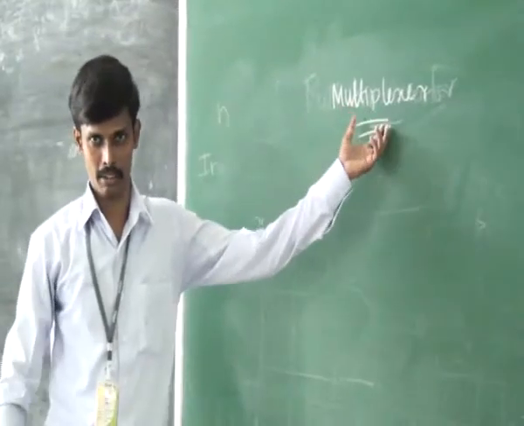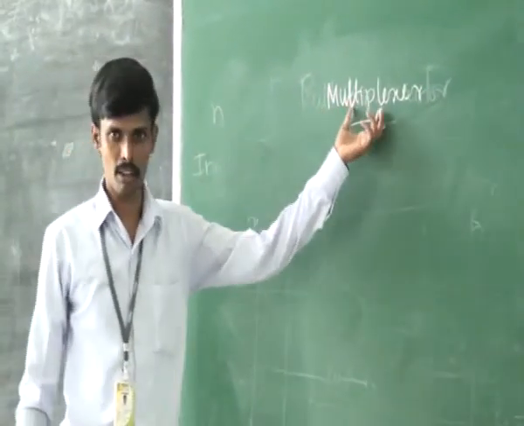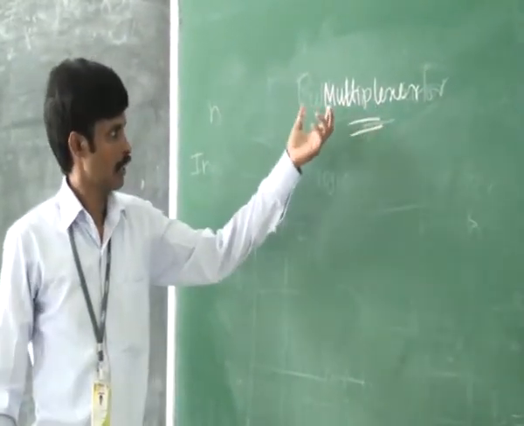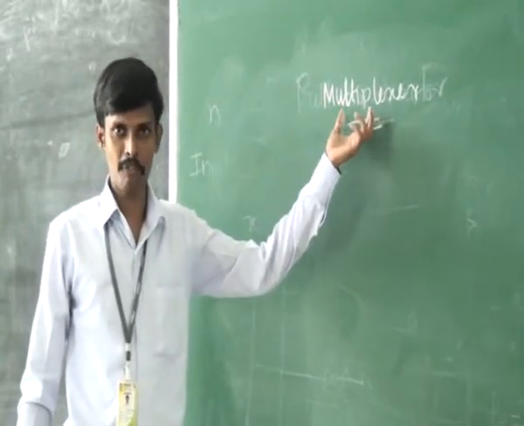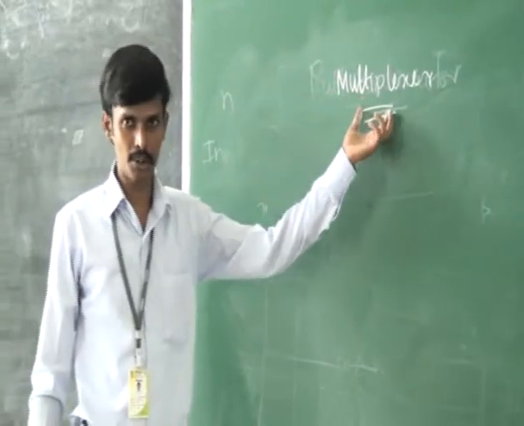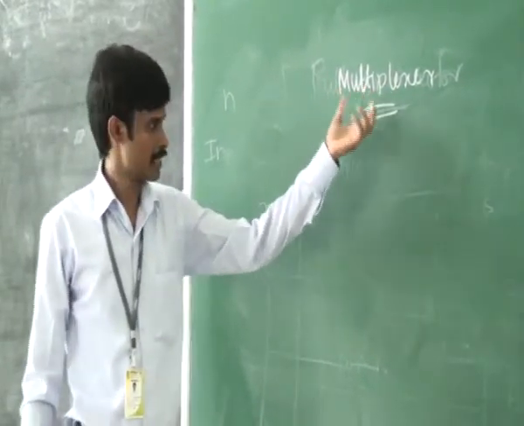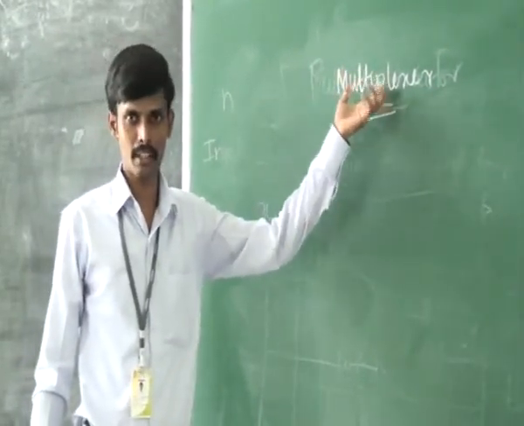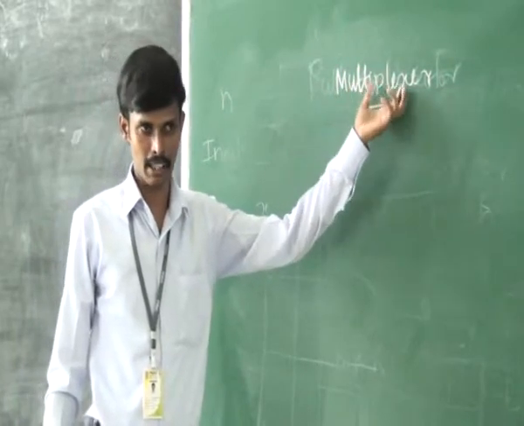What is meant by multiplexer? Multiplexer is a combinational circuit that selects the binary information from one of many inputs and directs it to a single output. Here the selection of the particular input line is controlled by a set of selection lines.